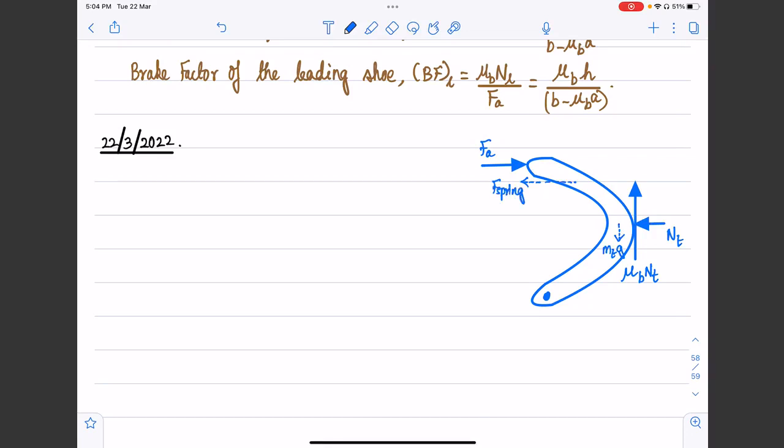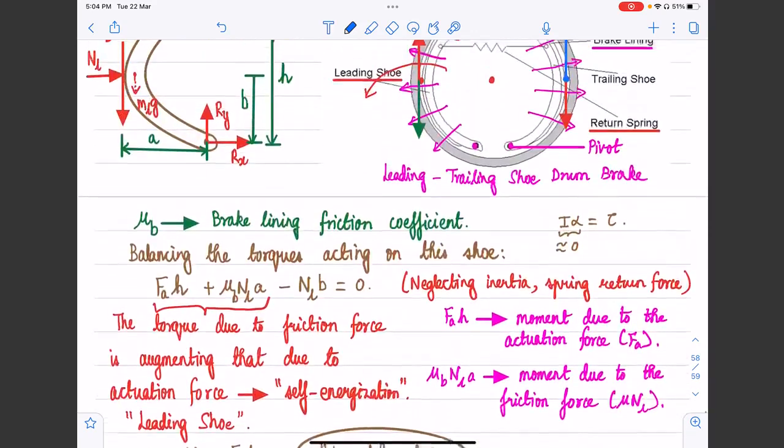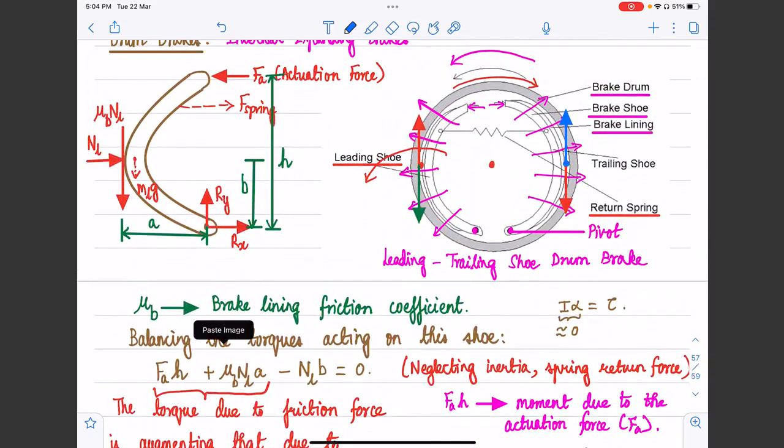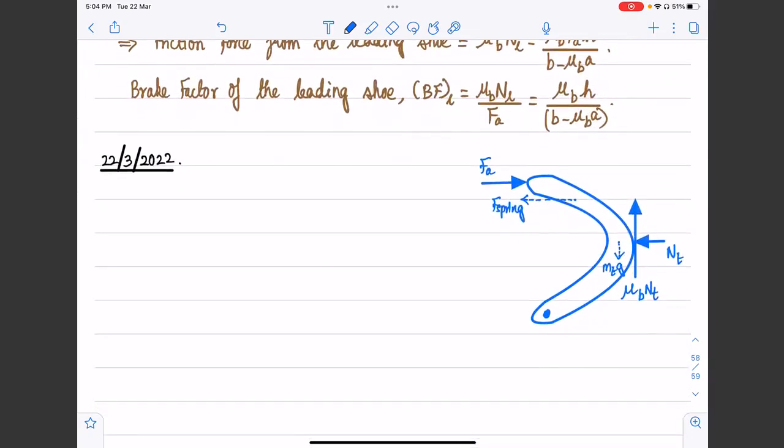Okay, and once again we mark the other parameters as usual, right? So the dimensional parameters. If we recall, we marked H, B, and A. So we are going to mark similar parameters here. Let's call this distance H, the distance at which the actuation force acts from the point of the pivot.